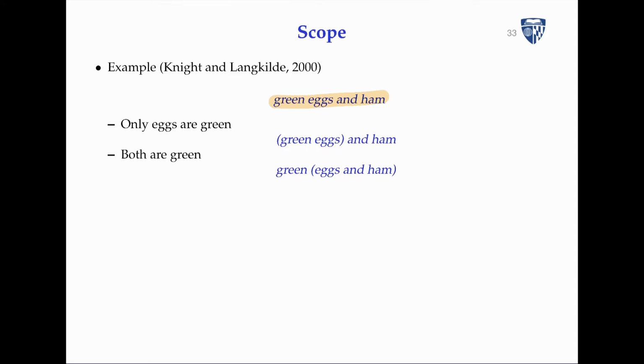And what's actually unclear is: is the ham green? Definitely the eggs are green, but for the ham, there are two different readings. Either you say it's green eggs and ham, or you say what's green is eggs and ham. So first you group these two together, and in the other reading the other way. Words like "and" are really, really notorious.